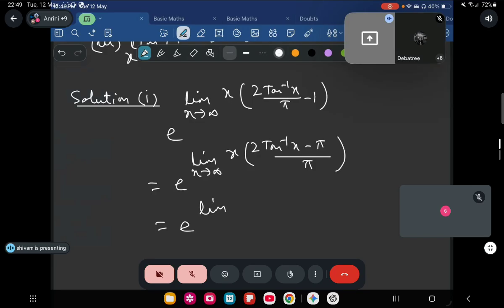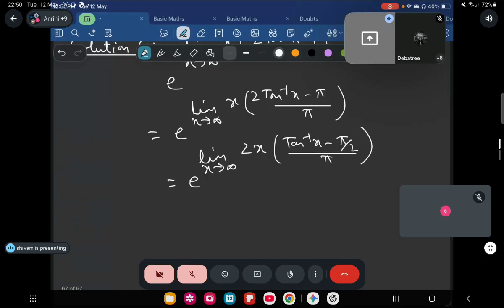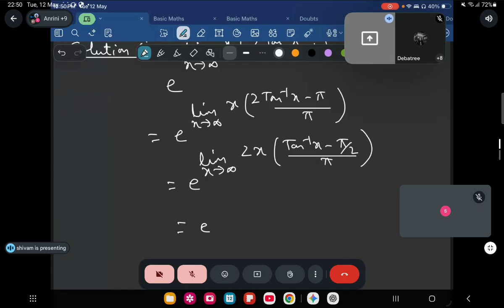Limit x tends to infinity, taking 2 common outside, 2x into (tan inverse x minus pi by 2), divided by pi. What is tan inverse x minus pi by 2? Tell me, everyone. Minus cot inverse x. So e to the power limit x tends to infinity, 2x into (minus cot inverse x) divided by pi.